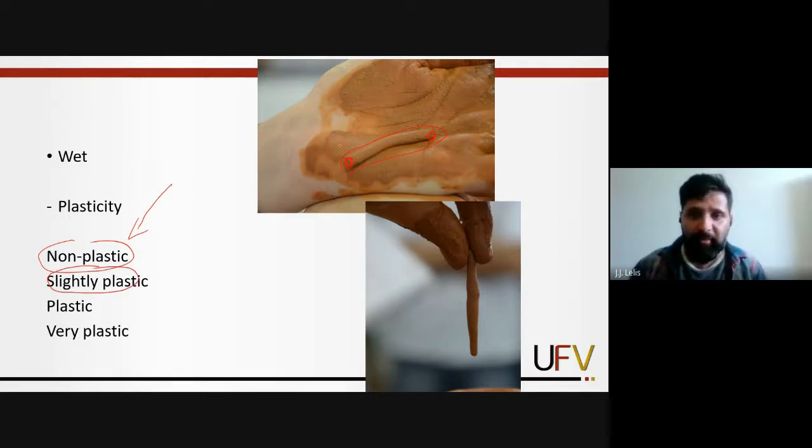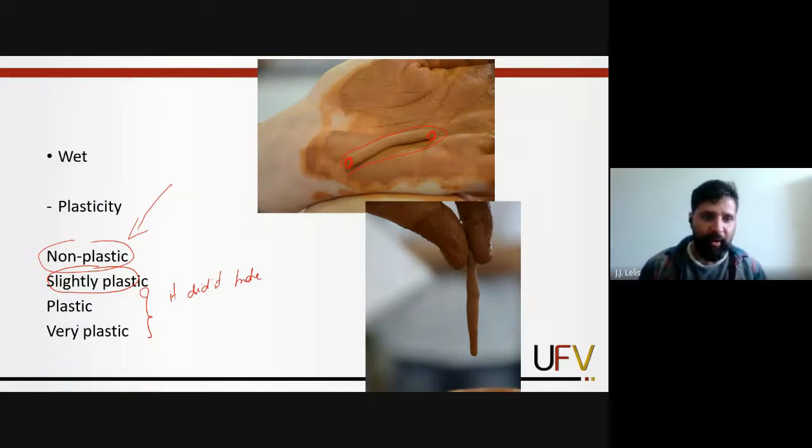If I try to put these two points together, if I try to connect this tube and it didn't crack, it didn't break, I can have a plastic or very plastic consistency, okay? So it doesn't break when I try to connect this tube.